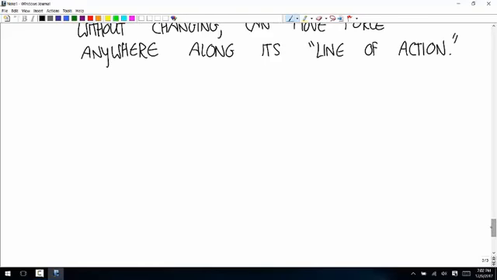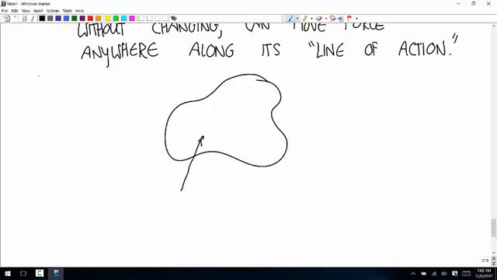Okay, so if this is some random object and this is the force, the force is acting at this point P, but you can treat it like that force is acting anywhere along this line, a line that goes through that point P and is parallel to the force vector.